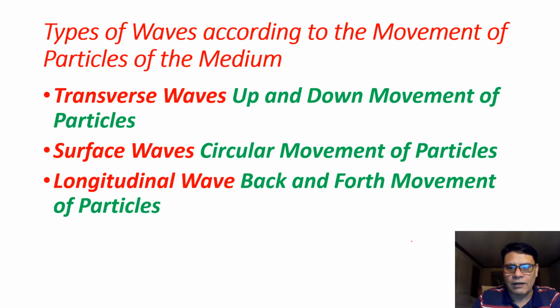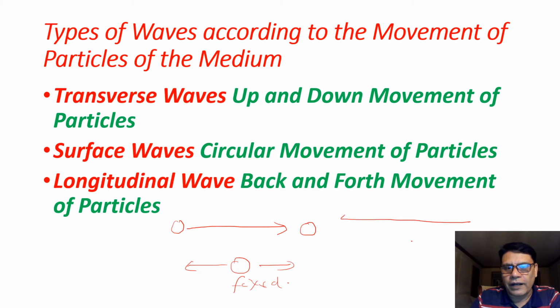And once again, I want to repeat that when a wave passes through a medium, particles do not leave their position, but they only vibrate to and fro about their main, or fixed, position. So in a medium, only energy is transferred, not the particles. Particles are not transferred from one place to another.